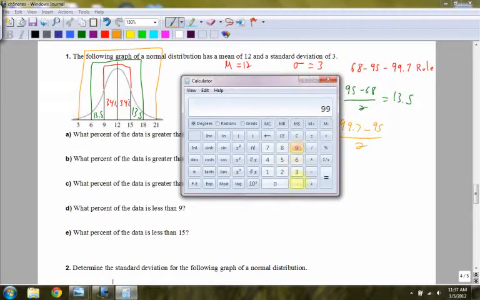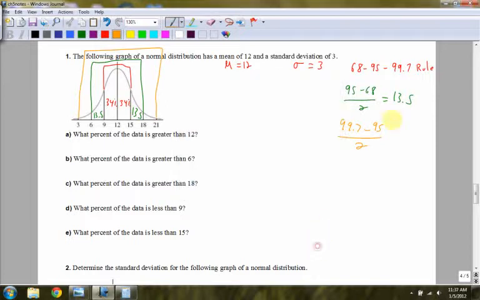So I have 99.7, get rid of the 95 that's in the middle, and then divided by 2, I'm left with 2.35. And that's 2.35 on that side, and 2.35 on that side as well.